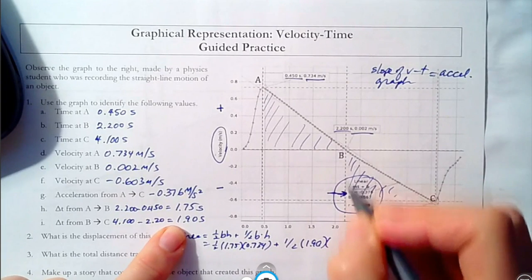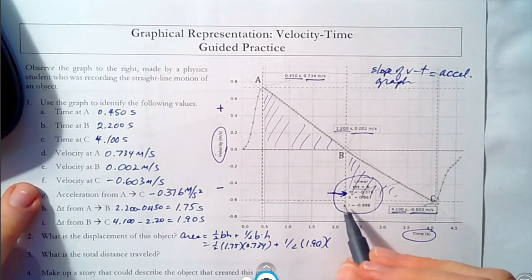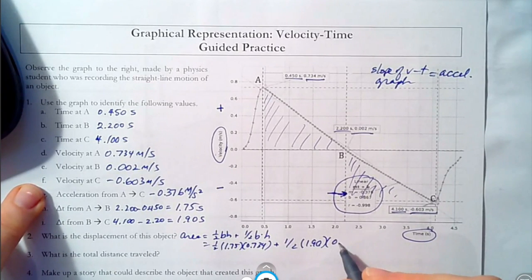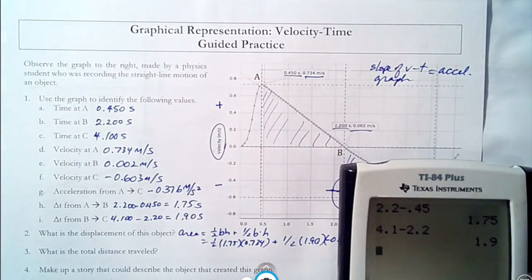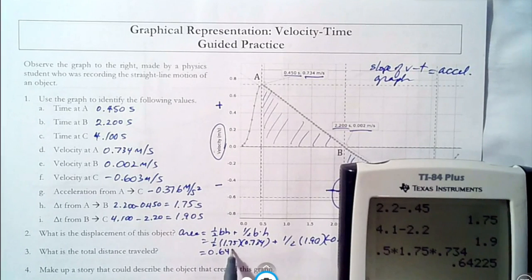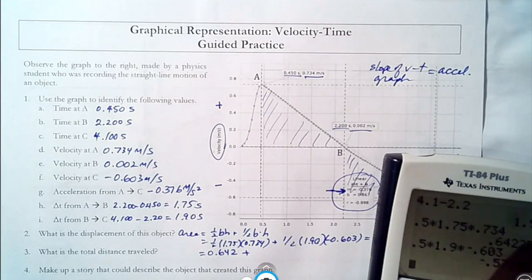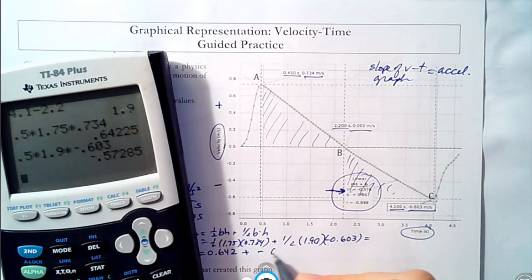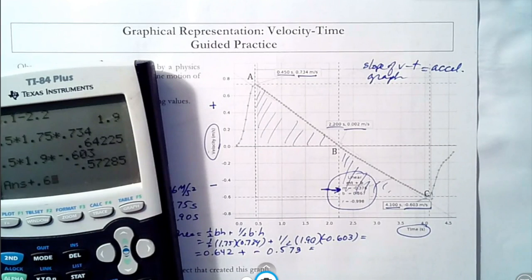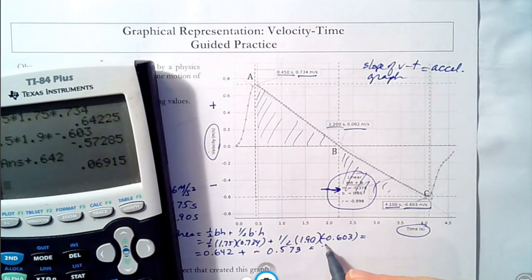And this height, quote unquote, drops below, so you need this velocity at C, which is negative. So let's calculate that. It's 0.5 times 1.75 times 0.734, and that's going to be 0.642, and the other one's going to be 0.5 times 1.9 times negative 0.603, and we get negative 0.573. So then to finish, add that answer to the first term, and you get 0.069.